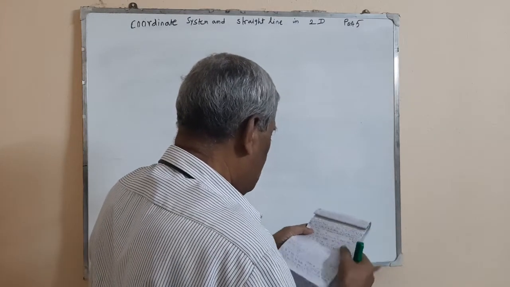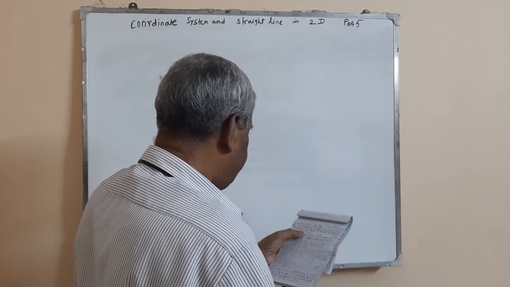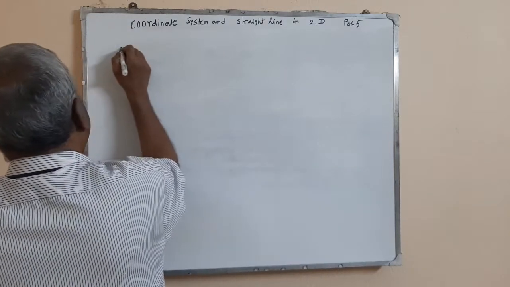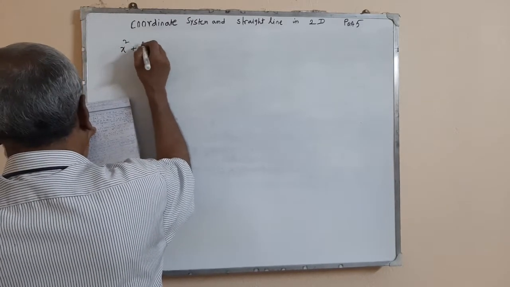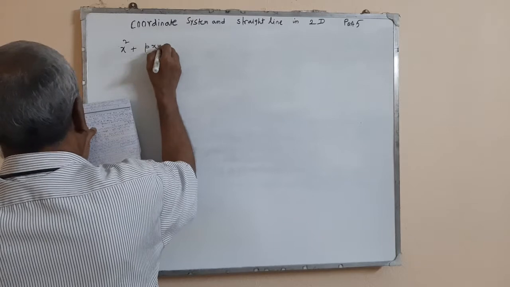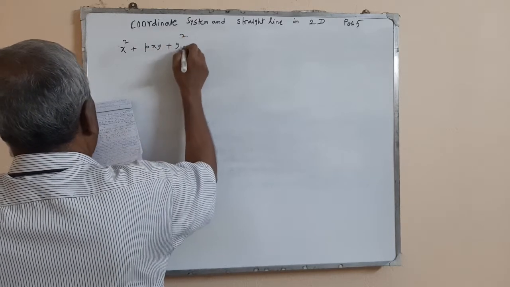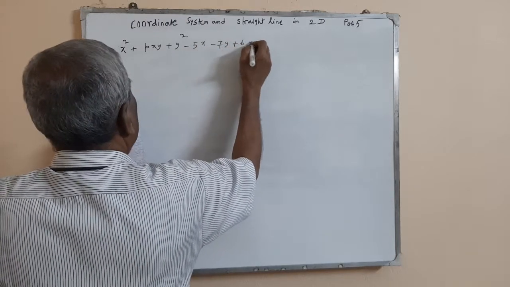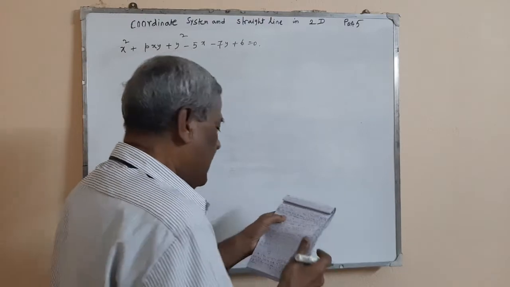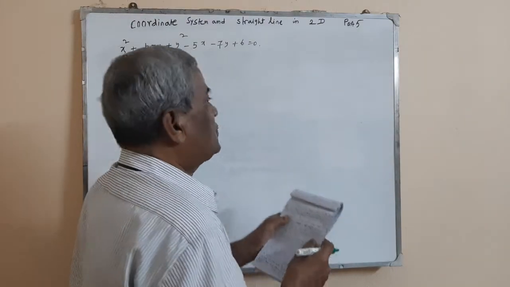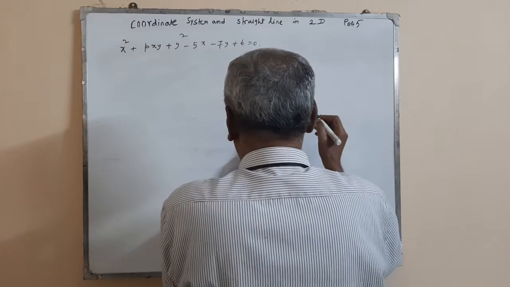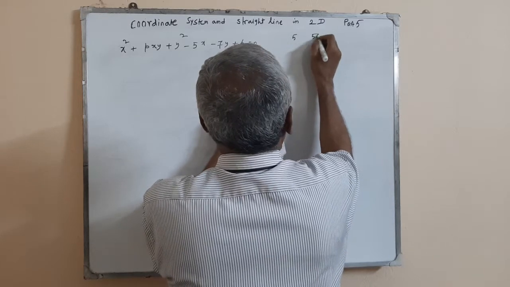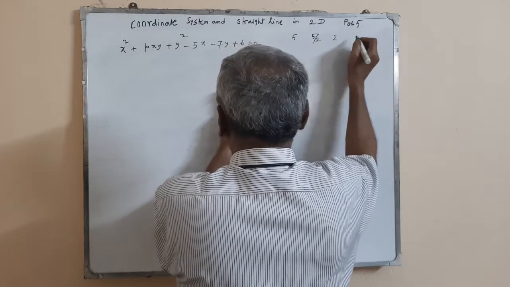Next problem is: the value of p for which x squared + pxy + y squared - 5x - 7y + 6 = 0 will represent a pair of straight lines is, options: 5, 5/2, only 2, and 2/5.